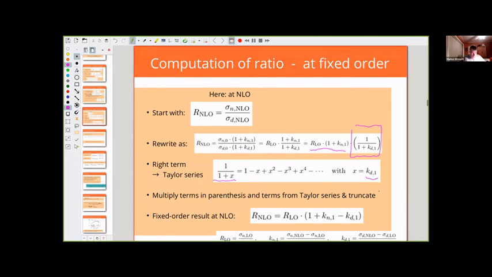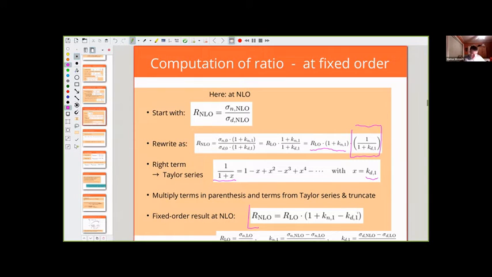And so the fixed order result at next to leading order is like this here, right? It's the leading order piece times 1 plus the modified k-factor for the numerator minus the modified k-factor for the denominator.